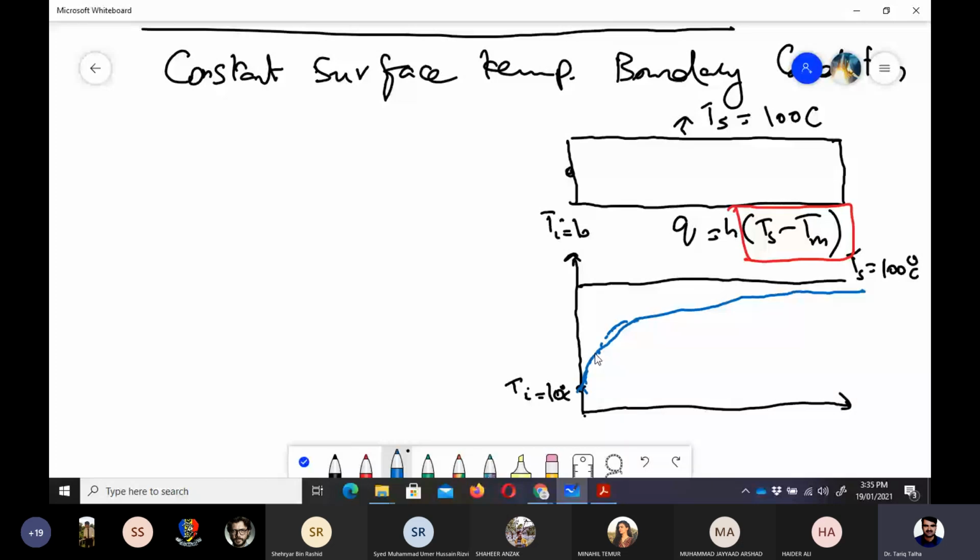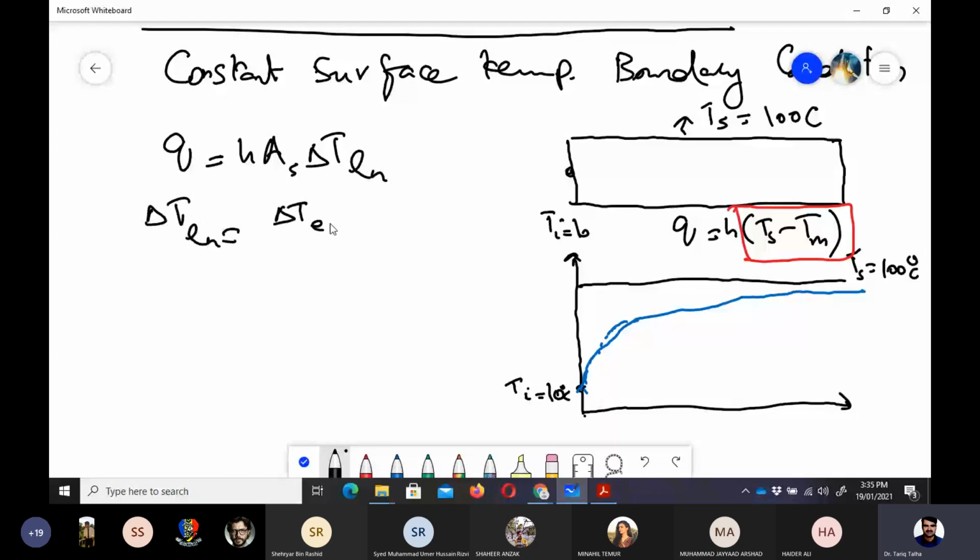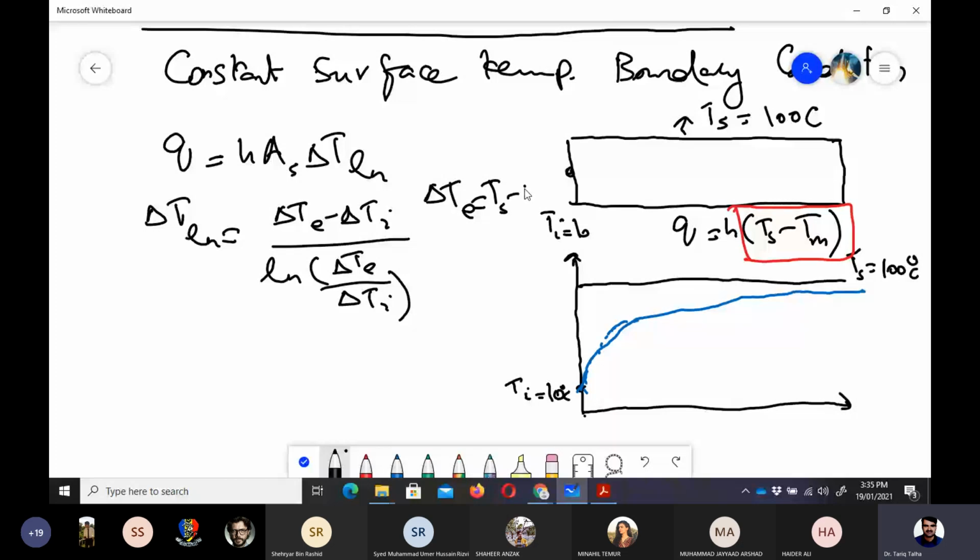So there we used Q equal to h As into delta T logarithmic, and we discussed that delta T logarithmic was equal to delta Te minus delta Ti divided by log of delta Te divided by delta Ti, where delta Te is equal to Ts minus Te, and similarly delta Ti is Ts minus Ti. That is what we have discussed up to now.